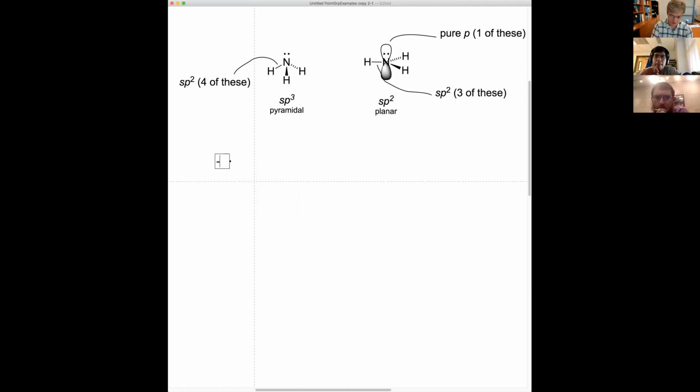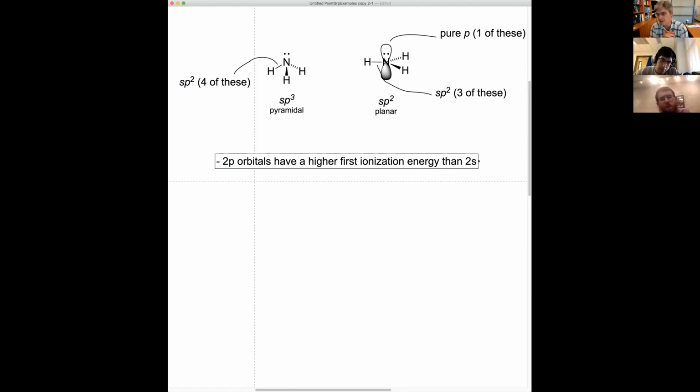Okay, so 2p orbitals have a higher first ionization energy. That's something that you know already. And why is that? Why is 2p higher than 2s?